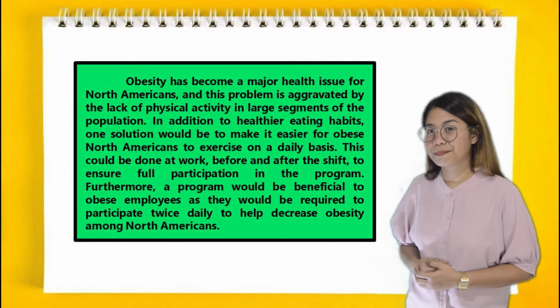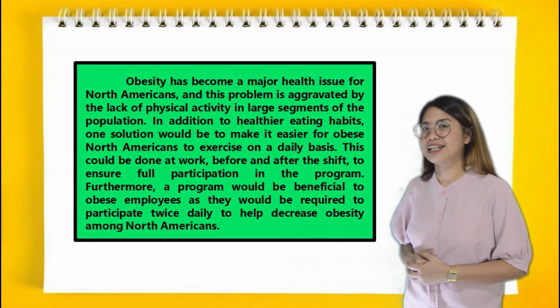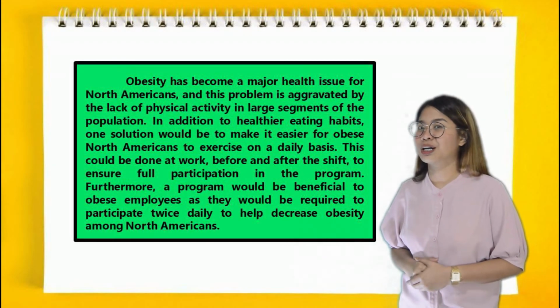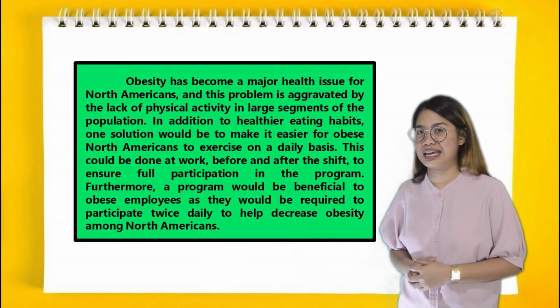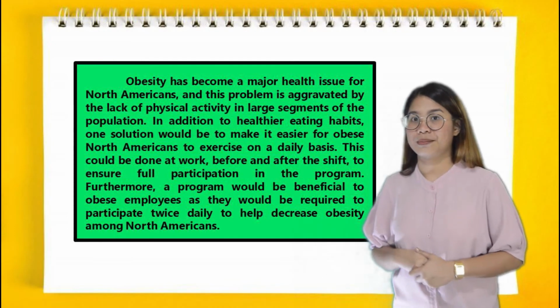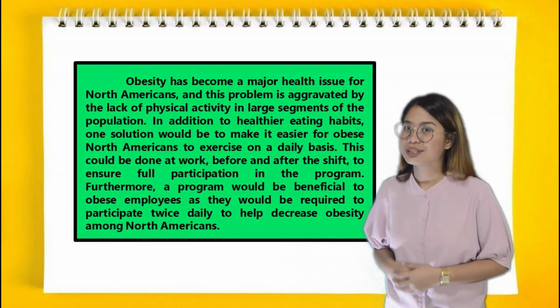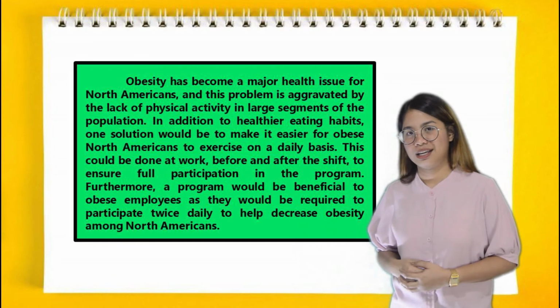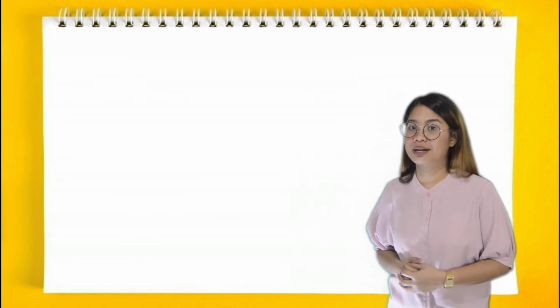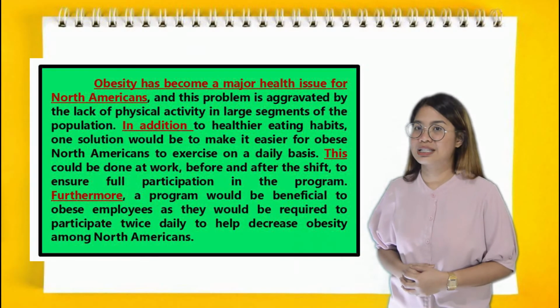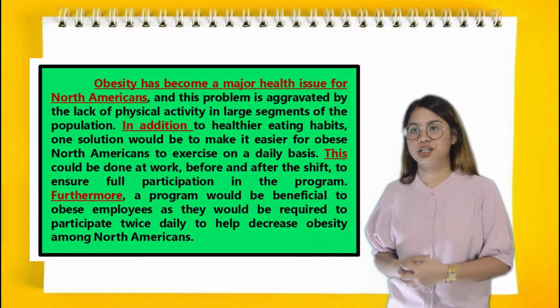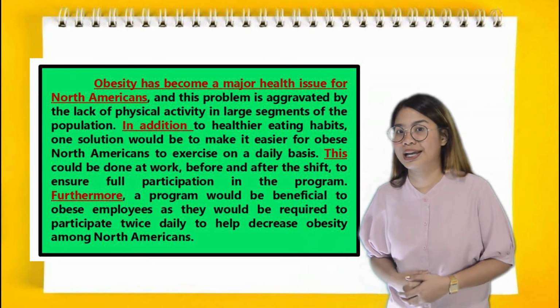Time's up. So, let us identify what is the topic sentence or the main idea in the paragraph. Correct! The main idea in the paragraph is that obesity has become a major health issue for North Americans.